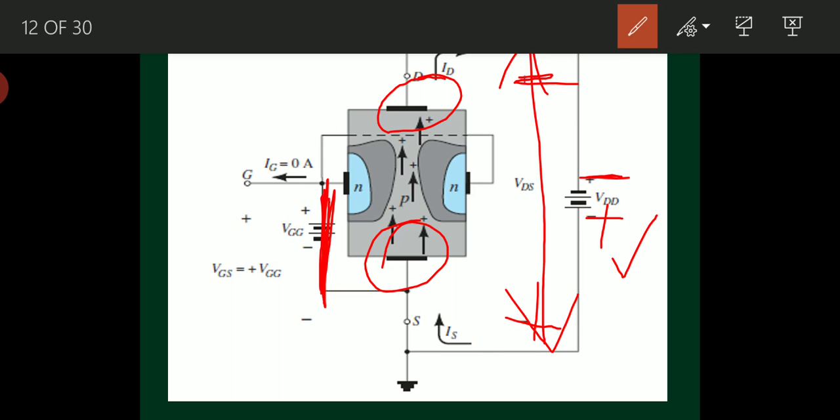The drain terminal is also a P-type semiconductor substrate, and I am giving a negative voltage here. So this negative bias will make the material at the drain terminal reverse biased.